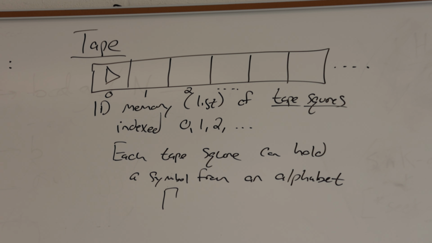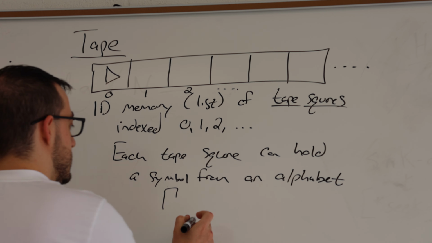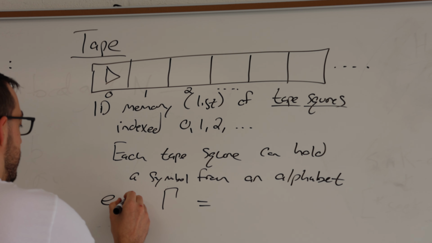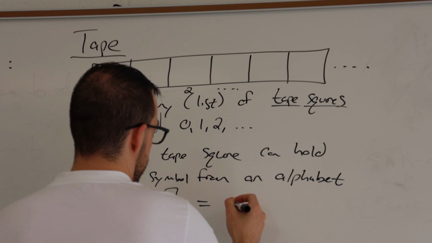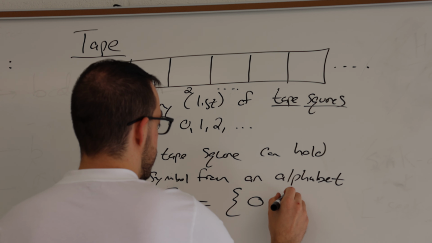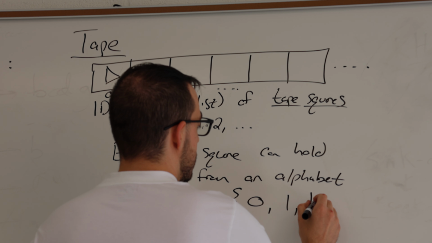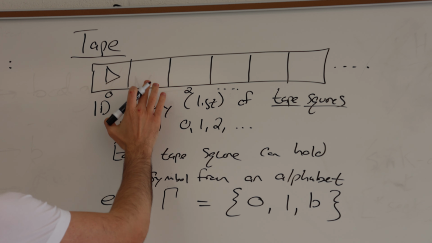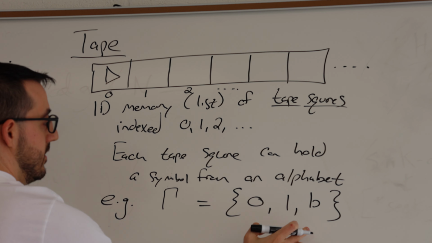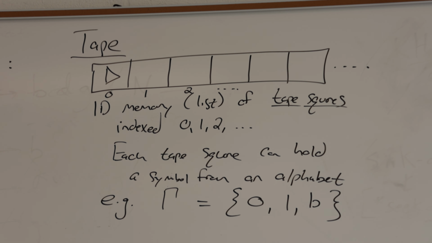And it could be anything you'd like. Let's just use this one for an example, one that we're comfortable with, see often. Either a 0 or a 1, so binary alphabet, or a blank symbol. So that's going to be representing nothing in the tape. So these are all blank right now. And the symbol I'll use to represent that, since you have to put something there, is a B for blank.